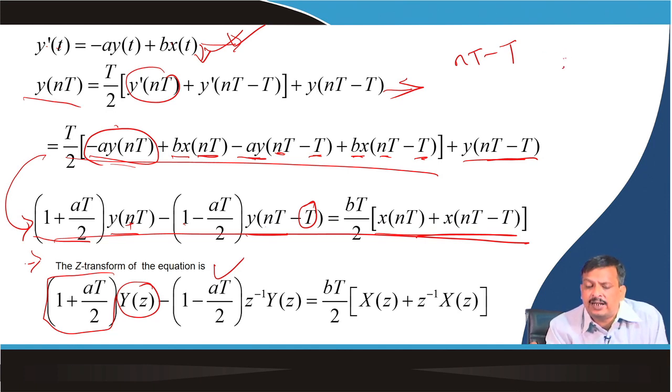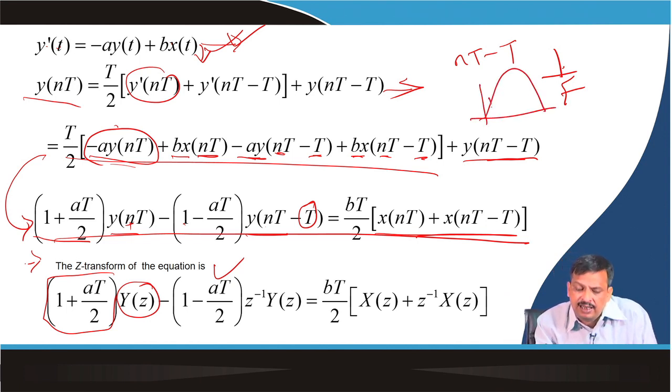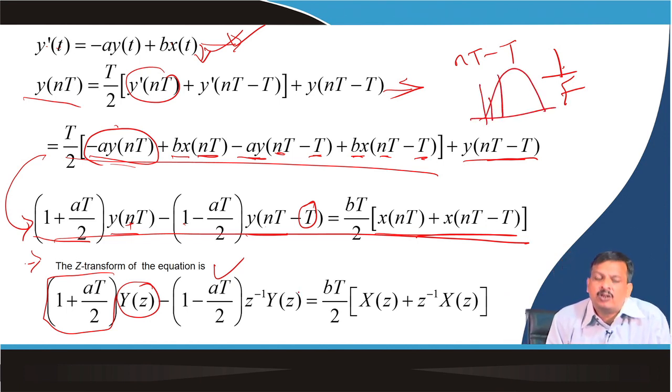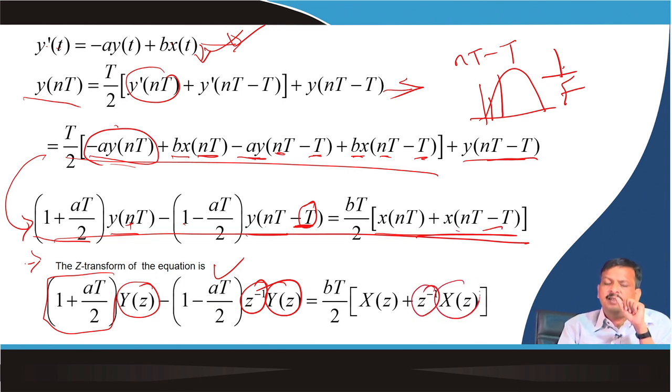T is nothing but 1 by fs, one sample duration. This is T, the distance between two samples. So what does minus T mean? It is delayed by one sample. So it is nothing but z to the power minus 1 into Y(z). Y(z) is delayed by one sample. Similarly, here also this is z to the power minus 1 X(z).